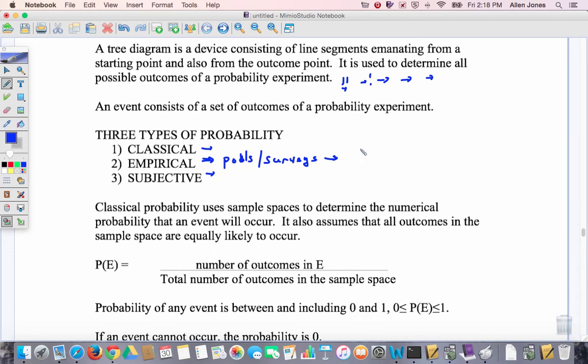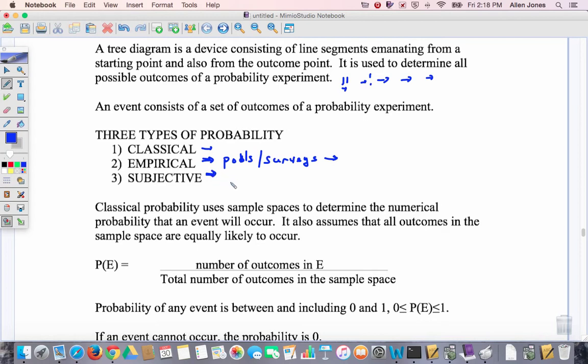So when they say so-and-so has 40% of the vote, that comes from actually talking to people and finding out who they're going to vote for. So 4 out of 10 people are saying they're going to vote for this certain candidate, whereas 3 others are going to vote for another candidate. So polls and surveys, those types of things make up empirical probability.